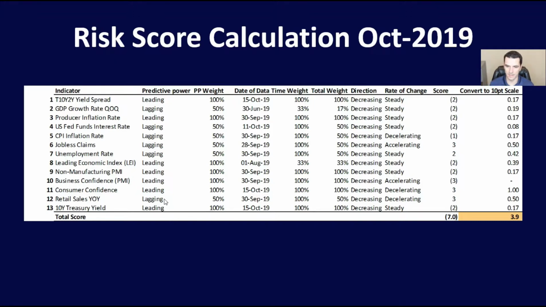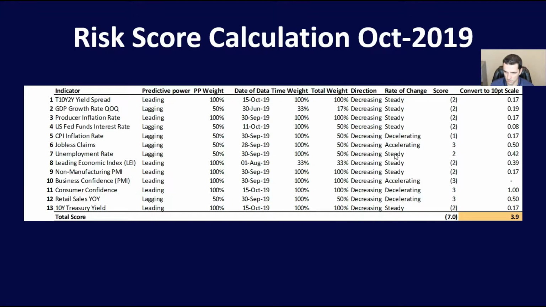Whether a lagging indicator or a leading indicator, that then gives them a predictive power weight. Then there's also a time weight based on the date of the data, and that gives me a total weight. So my assessment really is in these two columns: the direction of the indicator as well as the rate of change of the indicator. So not necessarily just looking at direction, but also whether it's getting better or getting worse in whatever direction it's going.